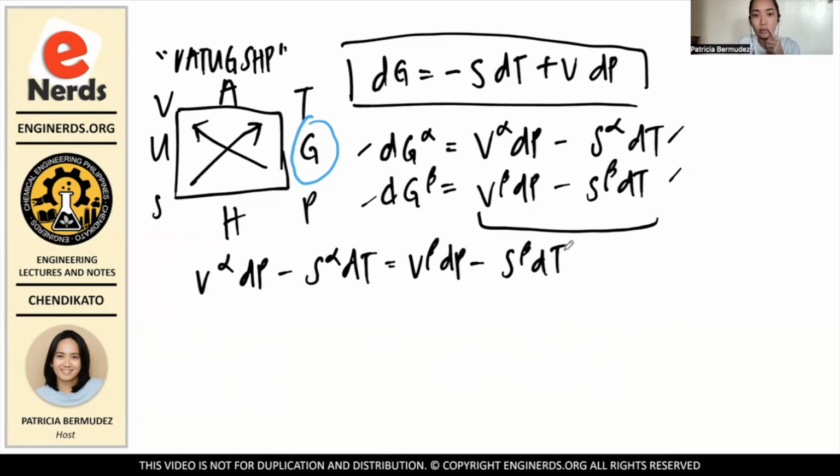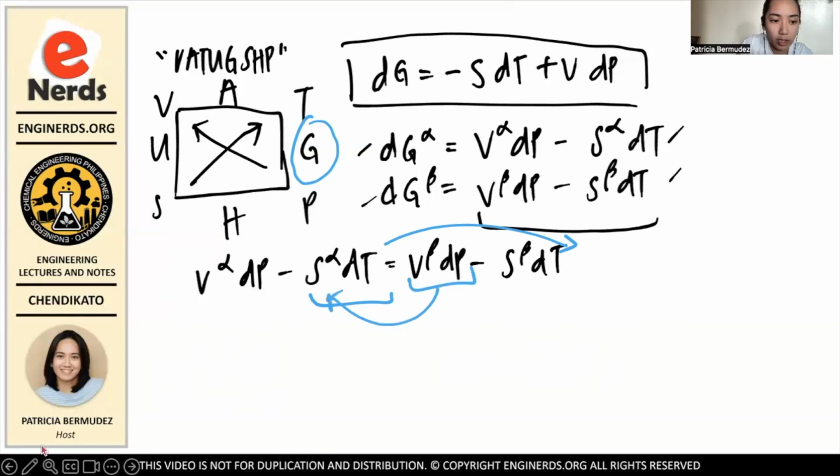And now what we're gonna do is to combine like terms. Lahat ng dP and may volume sa kabilang side and everything that is not that sa kabila. So ito, here, this one, we're gonna transpose this here on the right-hand side, and then we're gonna transpose this one on the left-hand side. Okay?